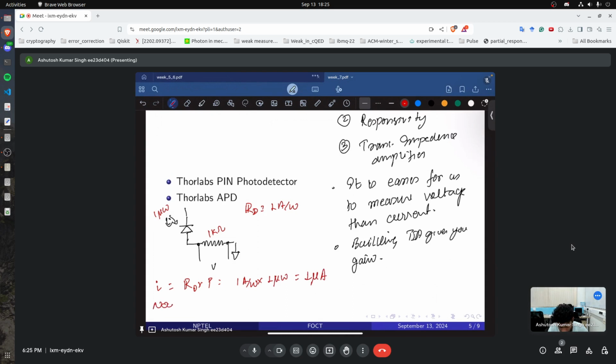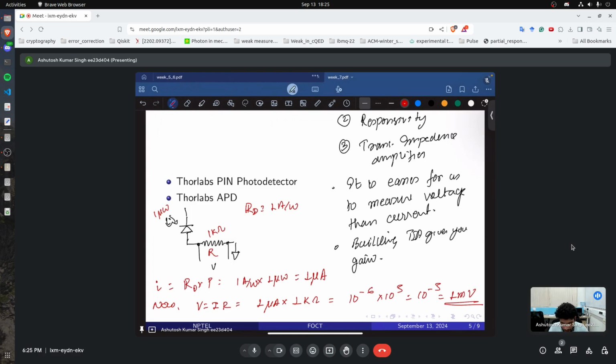Now what is the voltage drop across this resistance R, which is 1 kilo ohm? V is equal to IR. So 1 microamp times 1 kilo ohm, which is 10 raised to the power -6 times 10 raised to the power 3, equal to 10 raised to the power -3, which is 1 millivolt. Now this is a low number.